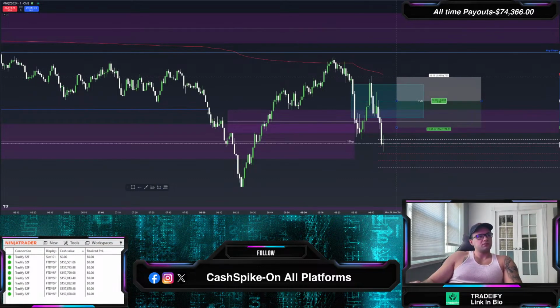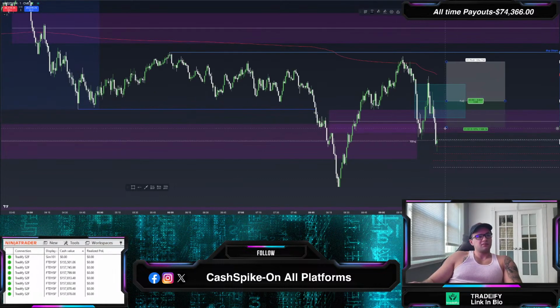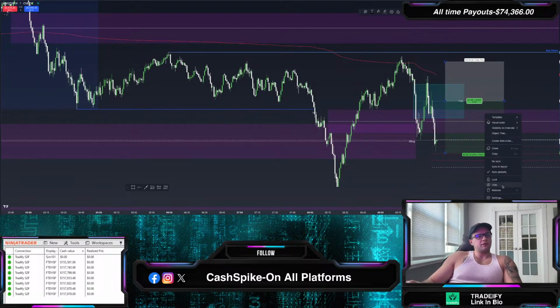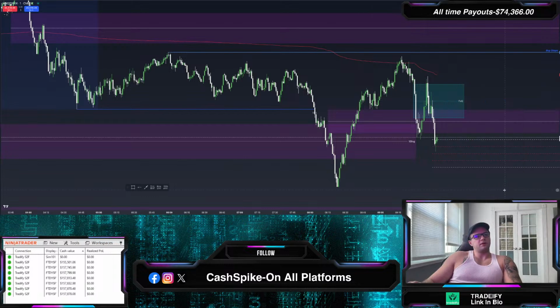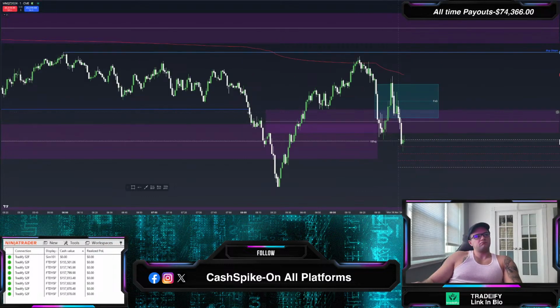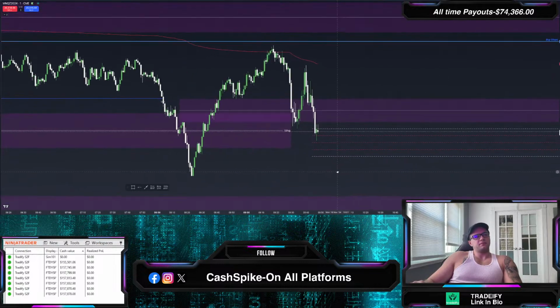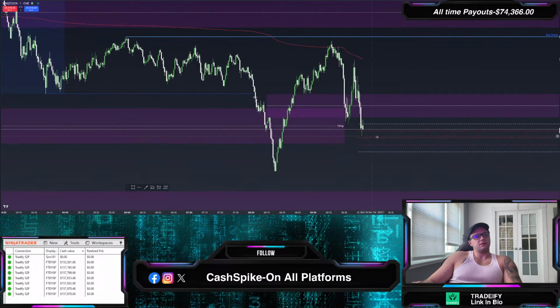Stop loss would probably be around here. Risk to reward is kind of bad, unless you go on a 15-second chart where you can adjust your position a bit better. I just really don't like the setup, but normally it fills up the gap. As I told you guys, it's gonna fill up the gap.